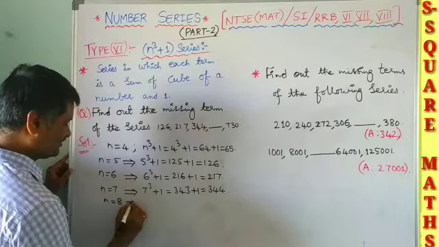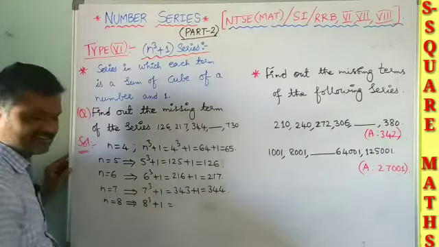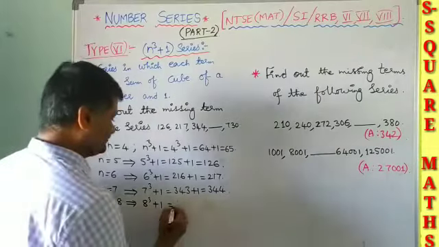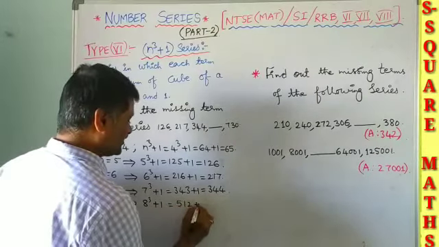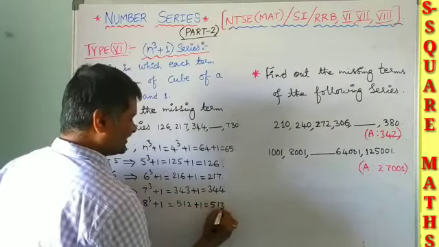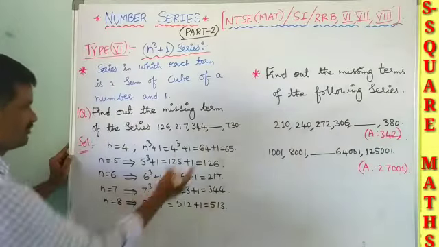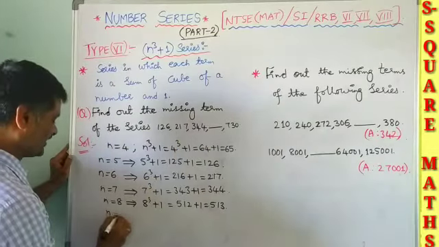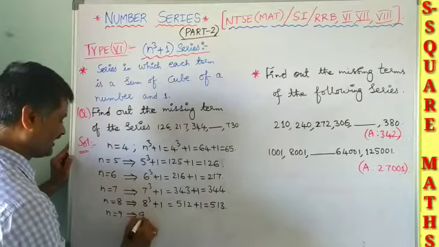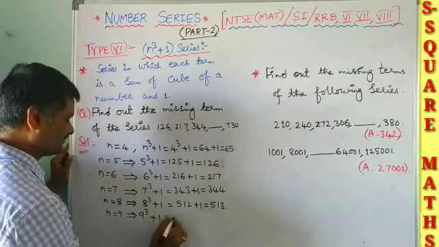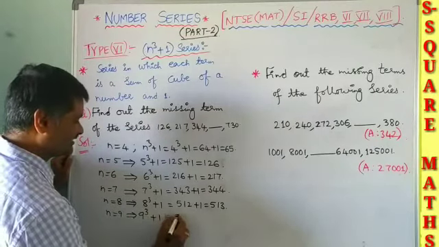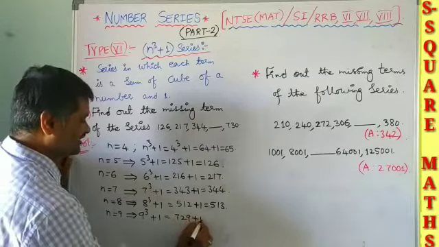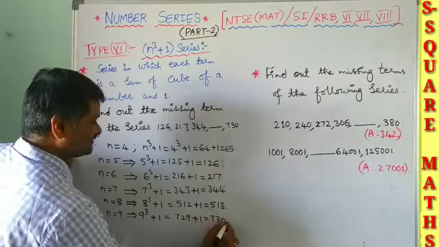So 8 cube plus 1, 8 8s are 64, 64 8s are 512. So 512 plus 1 gives you 513. Finally we will check for one more, because it is given, n is equal to 9. So 9 cube plus 1, nothing but 729 plus 1, gives you 730.